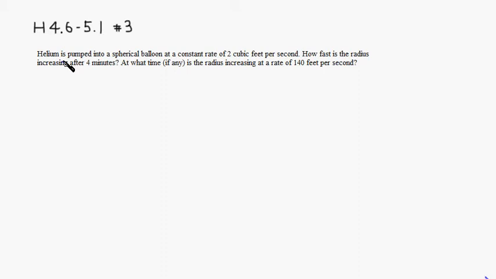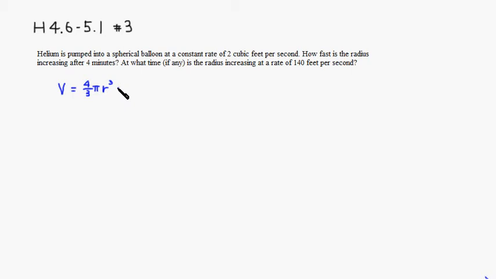Helium is pumped into a spherical balloon, so we're talking about a sphere, and the volume of a sphere is V equals 4/3 pi r cubed, right? And it's pumped at a constant rate of 2 cubic feet per second.